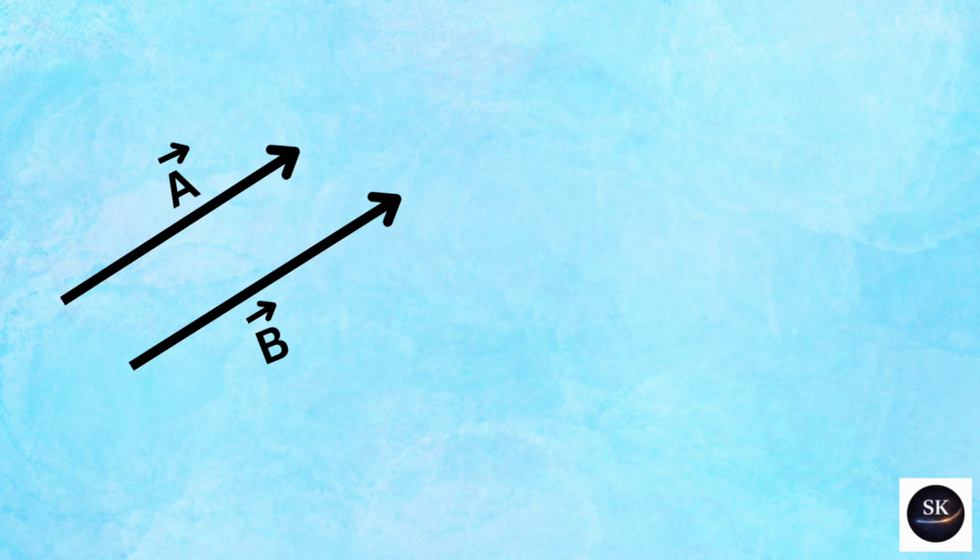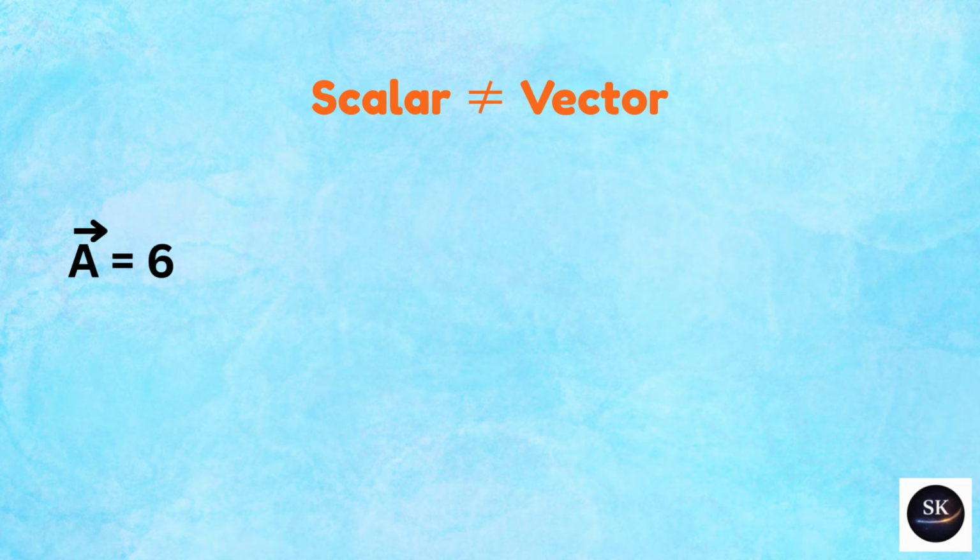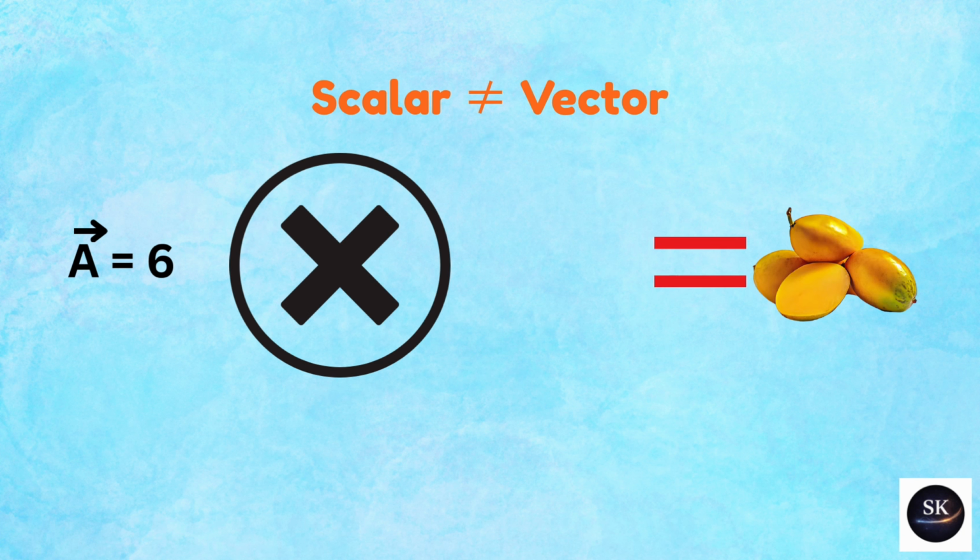If two vectors have the same direction, they are called parallel vectors. If they have the same magnitude and the same direction, they are equal, no matter where they are located in space. Note that a vector can never be equal to a scalar because they are different kinds of quantities. The expression a vector equals 6 is just as wrong as the statement 3 apples equals 4 mangoes.